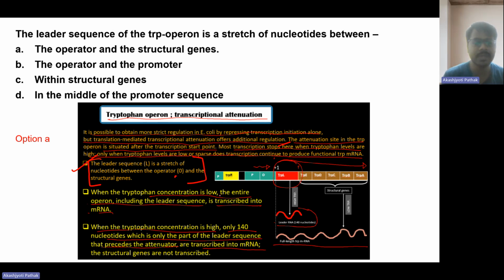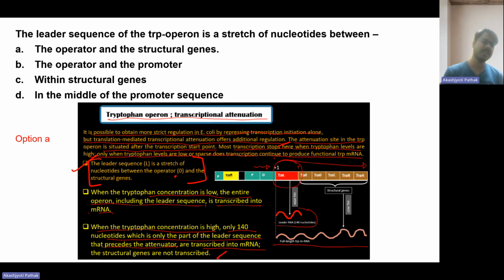When tryptophan concentration is low, the entire operon, including the leader sequence, is transcribed into mRNA. So the leader sequence as well as the entire structural gene mRNA will be transcribed. But when the tryptophan concentration is high, only 140 nucleotides, which is part of the leader sequence that precedes the attenuator, are transcribed into mRNA. The structural genes are not transcribed.